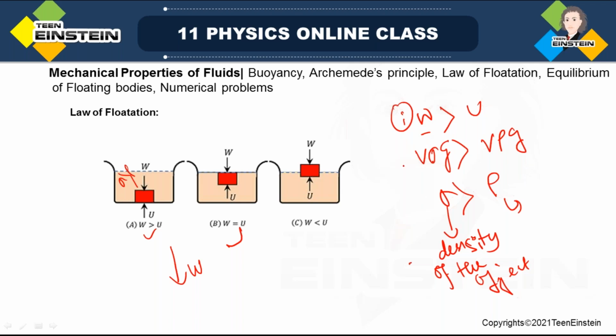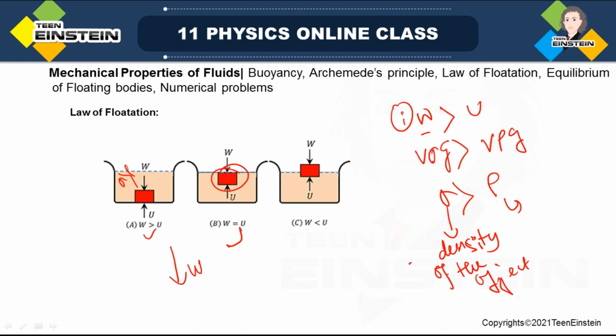That's why it will float, but it will be immersed fully within the water and then floating. It will float fully immersed in water.